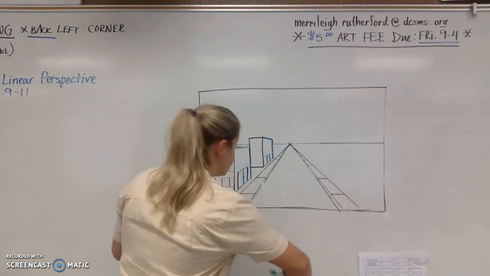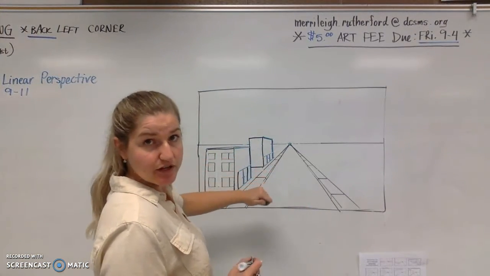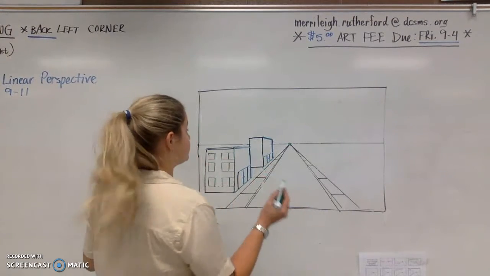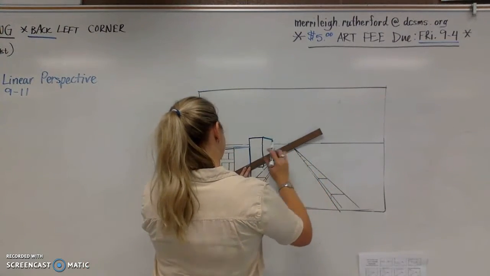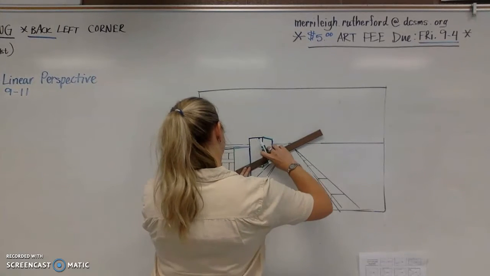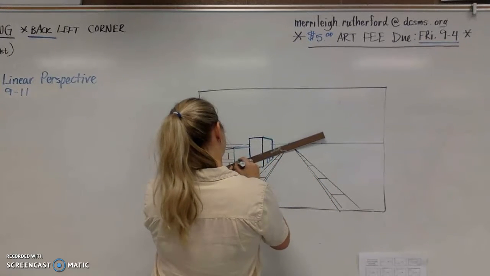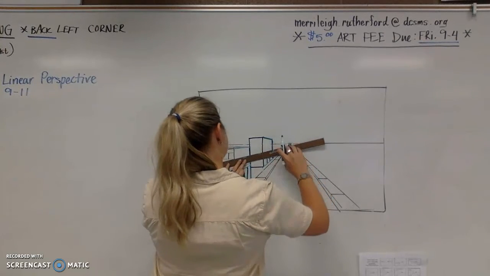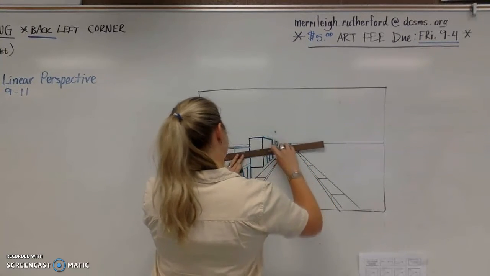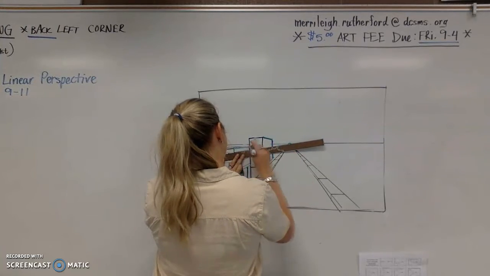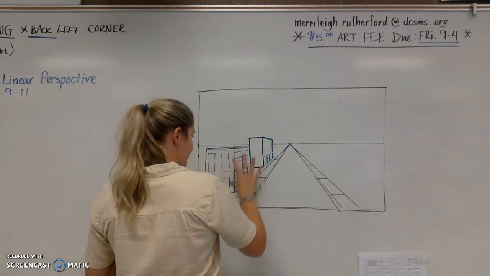And that's because I need to know where to put the windows in perspective. So these lines coming off the windows show me where to connect my orthogonals to. This, there, there, there. I can erase those side lines now.